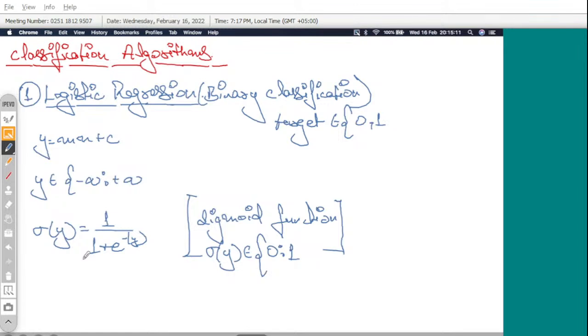What is the target variable here? In binary classification, we used to have two classes only, either 0 or 1. So the target variable could be anything where we only have two classes, right? 0 or 1.